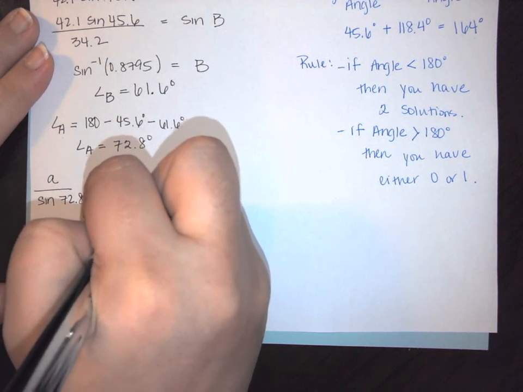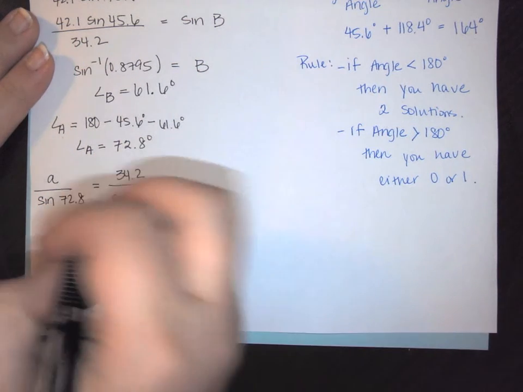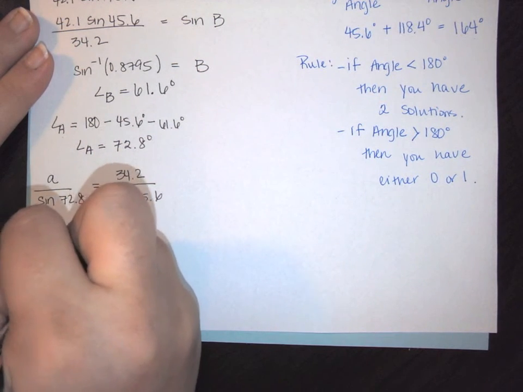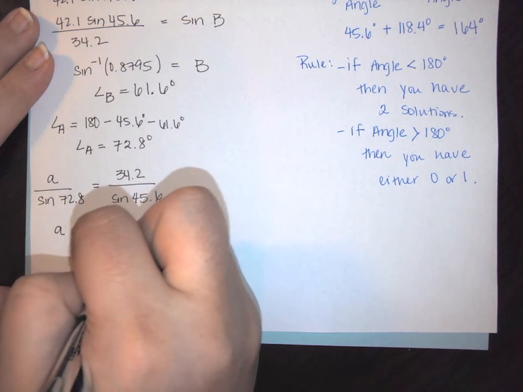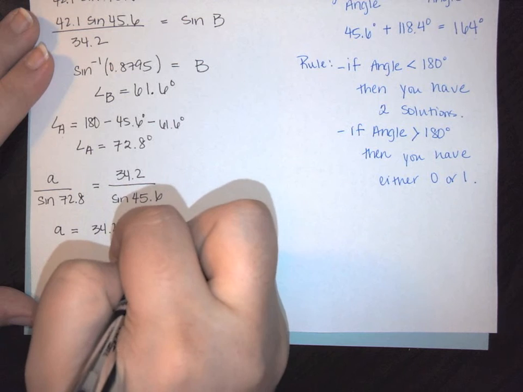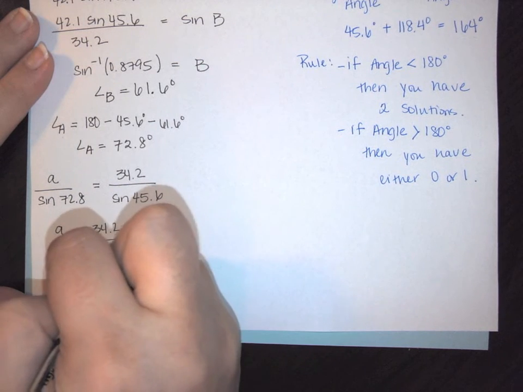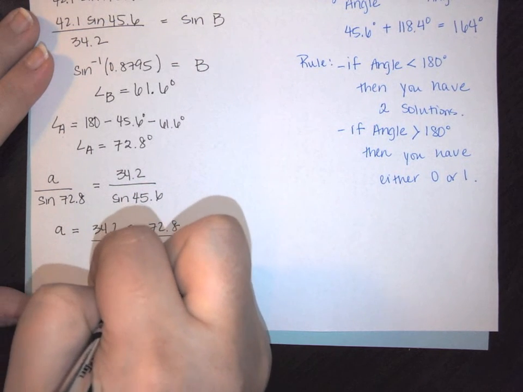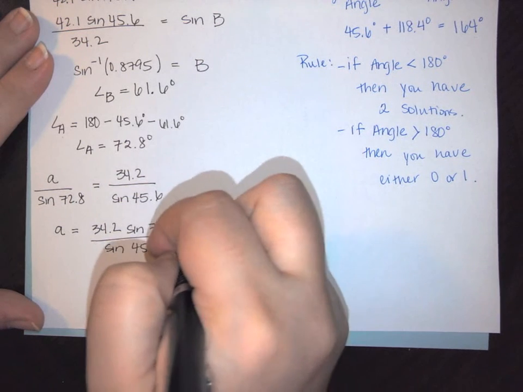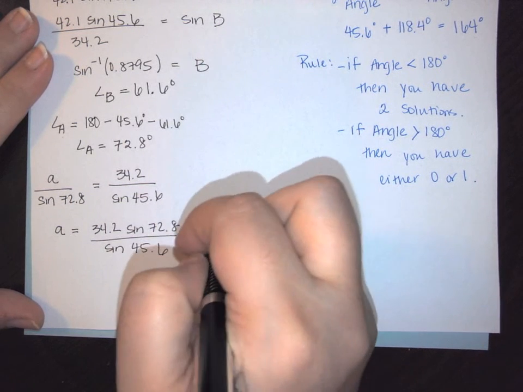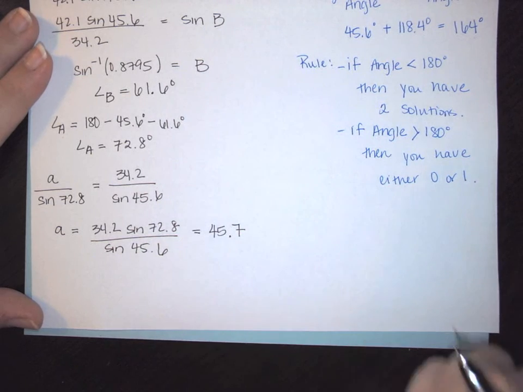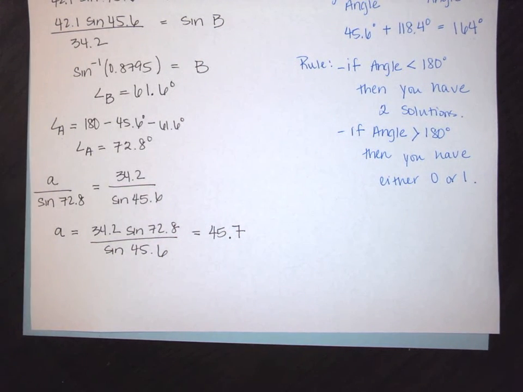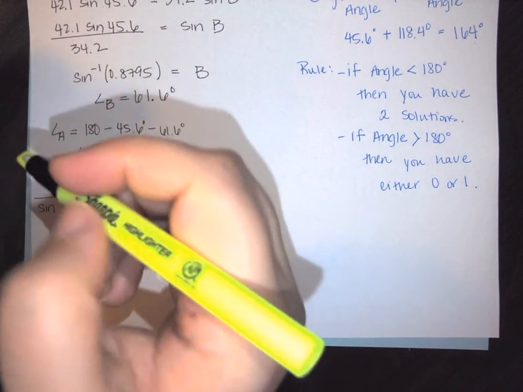Now remember I said we had that second solution, and so we have to solve that second solution. So in this case, now we have solution number 2, which is that angle B. So now we have that angle B is going to be 118.4 degrees. So with that, we have to now resolve for everything.